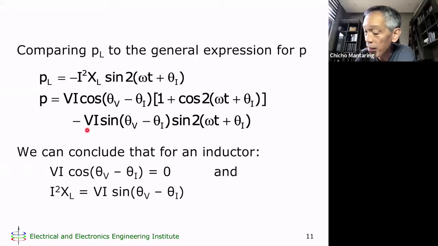Itong term na to, minus VI sine theta V minus theta I, must be equal to minus I squared XL. So I squared XL is equal to VI sine theta V minus theta I. And because I have no cosine term here, that means this must be equal to 0.